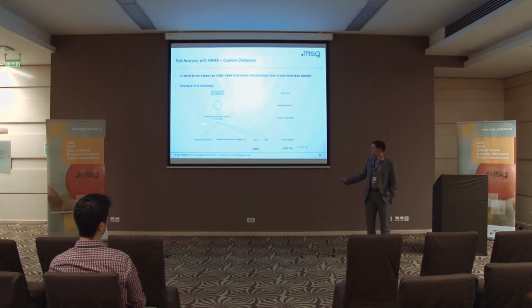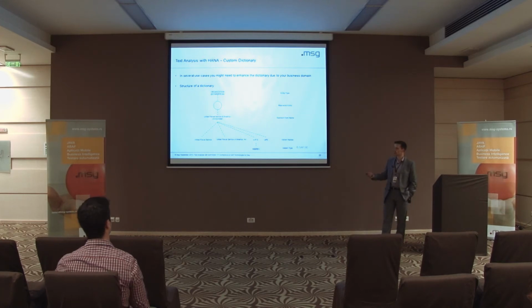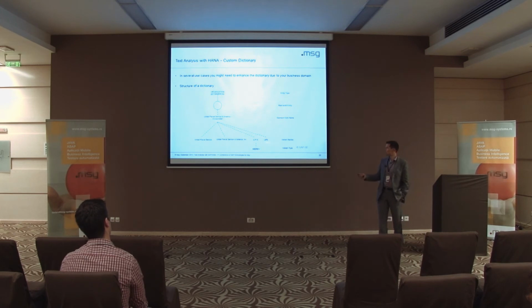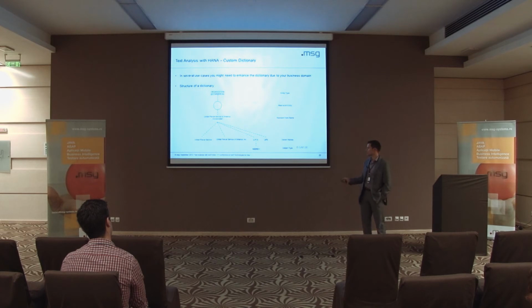Then you can also define variants, because I think not many of us would describe United Parcel Service as United Parcel Service of America Incorporated. So you have to define variant names in order to get all this other stuff like United Parcel Service, like UPS with dots in between, and so on and so forth.